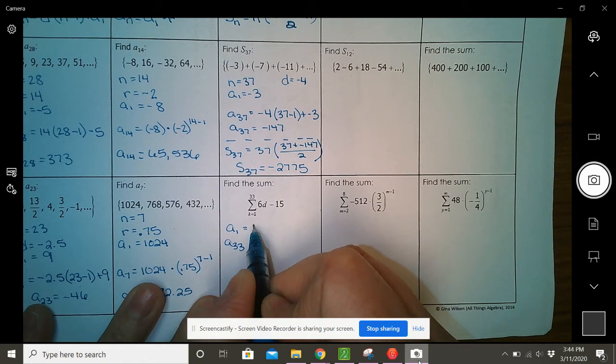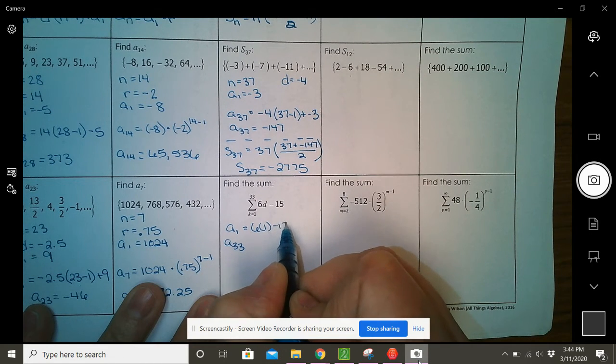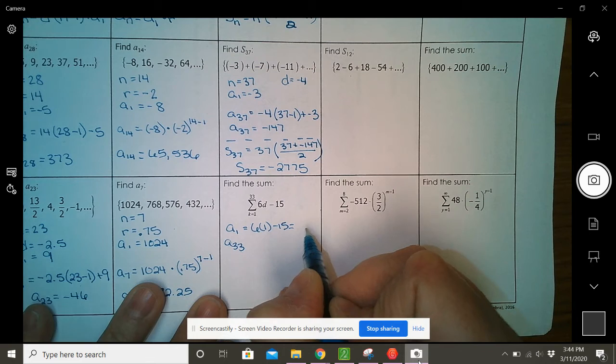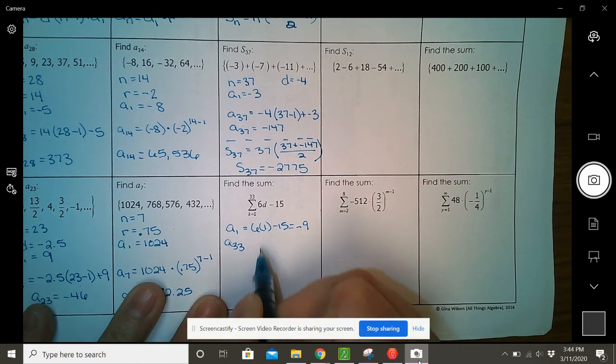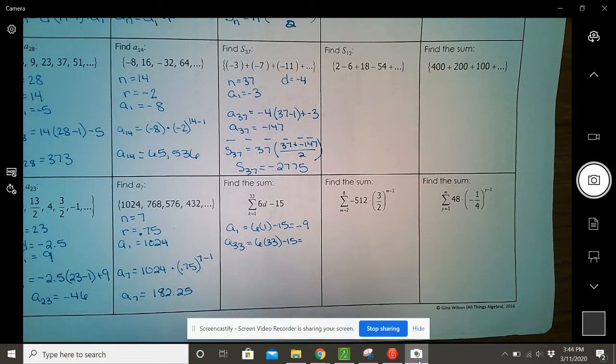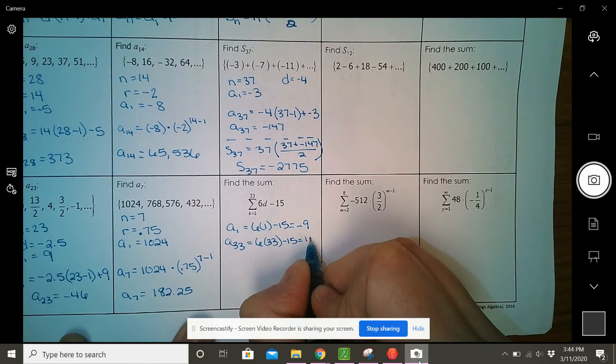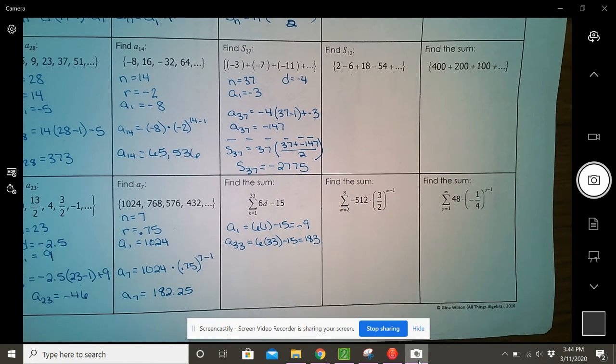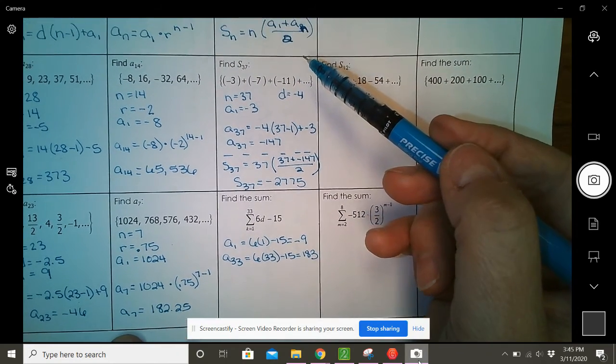A sub 1 would be 6 times 1 minus 15, which is negative 9. A sub 33 would be 6 times 33 minus 15. I'd have to take that over to a calculator anyway. 6 times 33, take away 15 is 183. And so then I can come back to my formula.